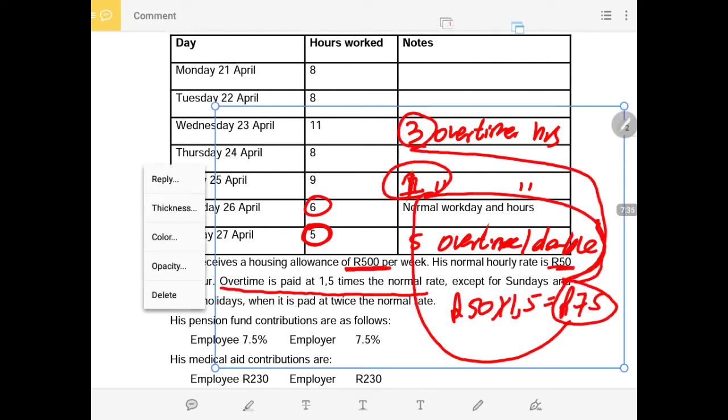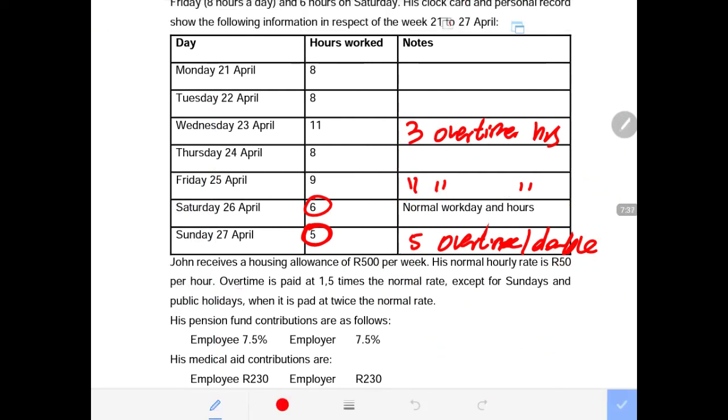So let us continue on that same note. It says except for Sundays and public holidays. That means there is an exception with the 5 hours that this employee has worked on Sunday. The exception means it is paid twice the normal rate. Remember, the normal hourly rate is 50 rand.